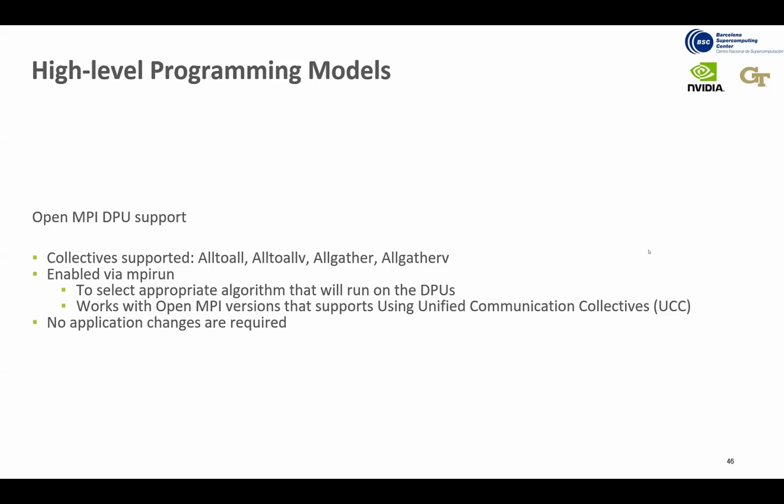And as I said, most of what I will talk about assumes that it's inside the MPI library, mainly because it's what we know how to do. We are MPI experts in my team. So it's really enabled when you submit your job, when you write your mpirun command line, you can ask for that offloading of the MPI collectives. We have point-to-point too, but it's not publicly available yet, I should say. And that is working with OpenMPI.